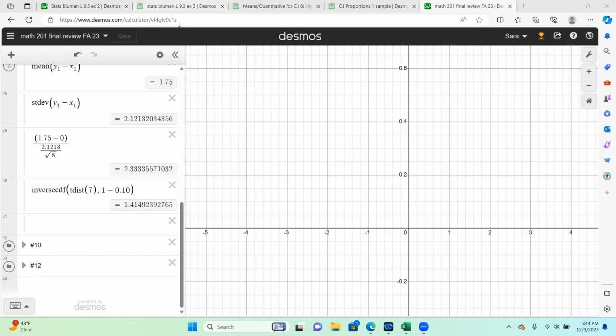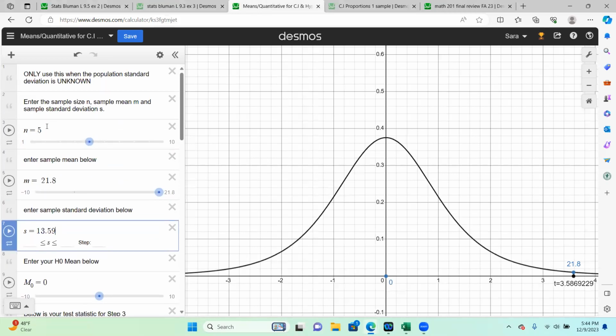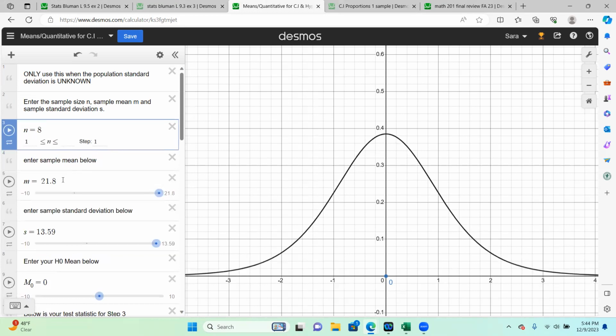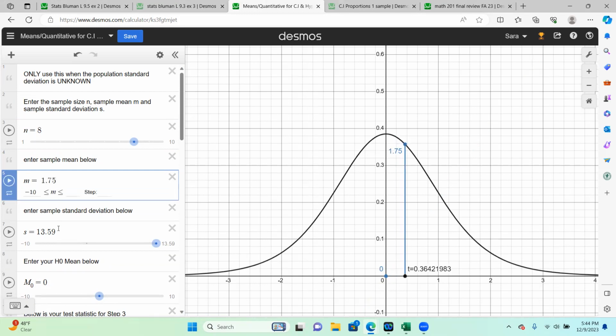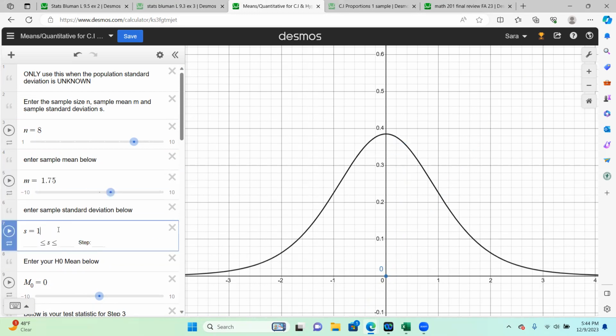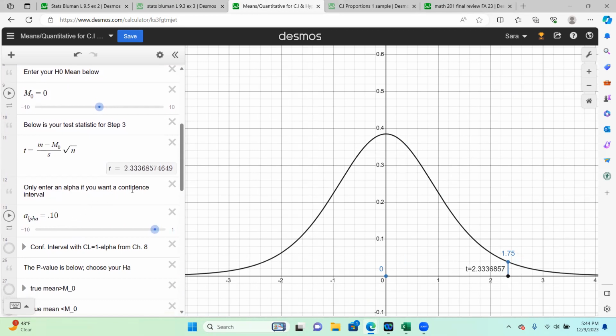So we can also go to the one sample means and put this in there and get the p-value. And right here, it's validating the test statistic that we calculated in our other Desmos screen.